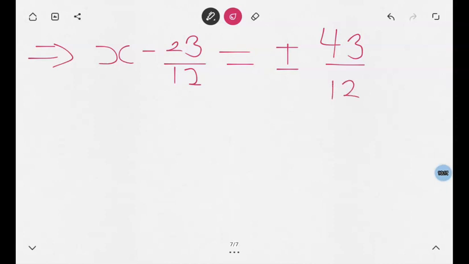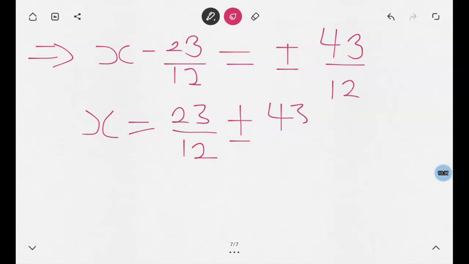The next thing is to group like terms, so your x will be equal to 23 on 12 plus or minus 43 on 12.